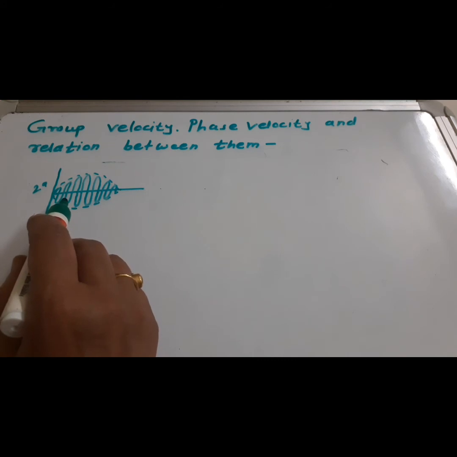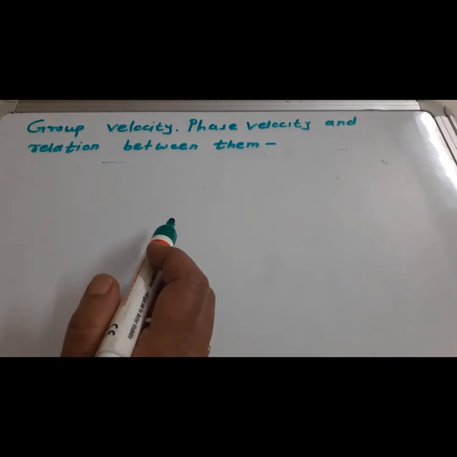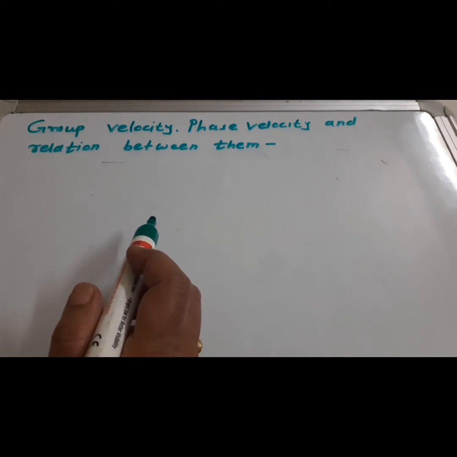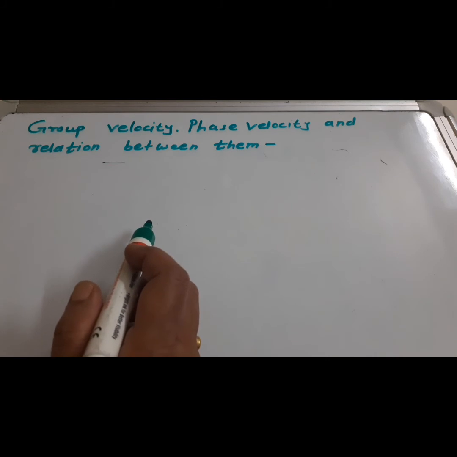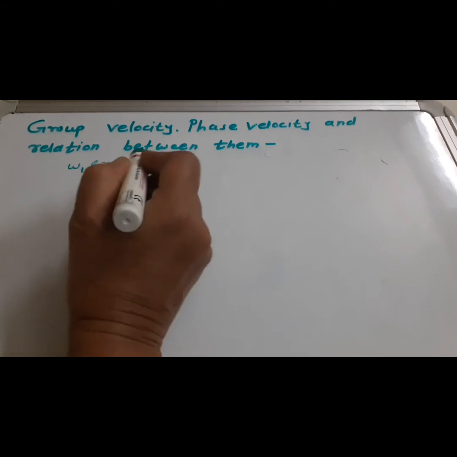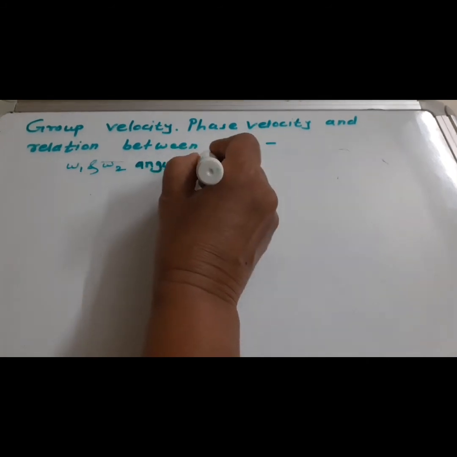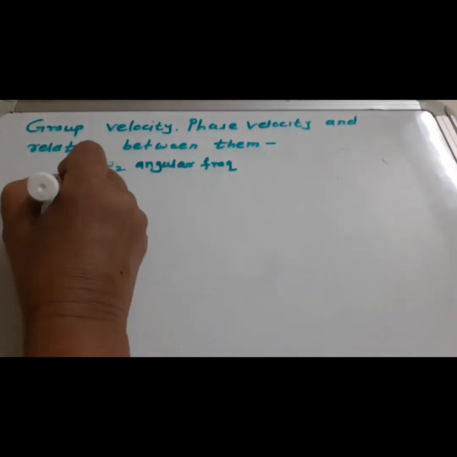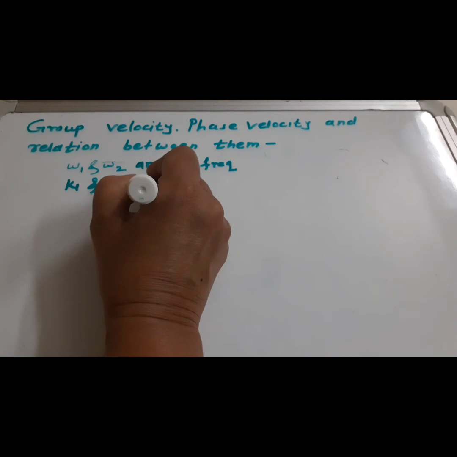For the derivation we can consider a group of waves consisting of only two components of equal amplitude and angular frequencies omega 1 and omega 2, and k1 and k2 are the propagation constants.